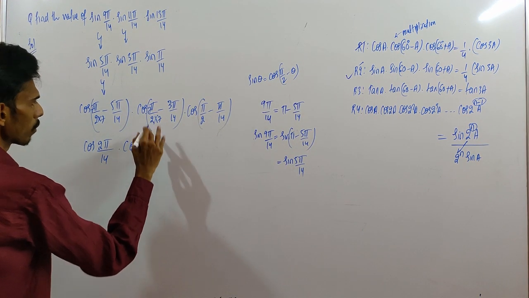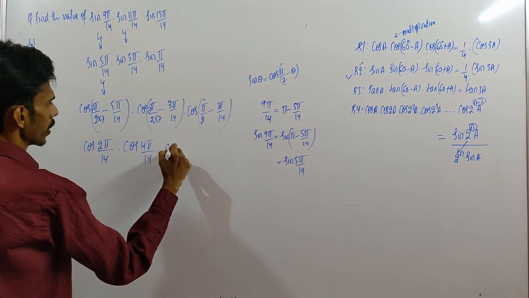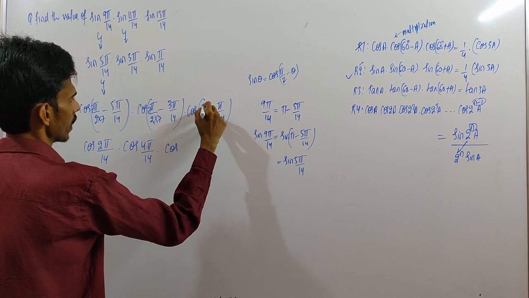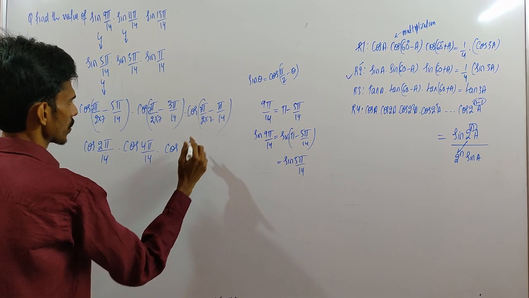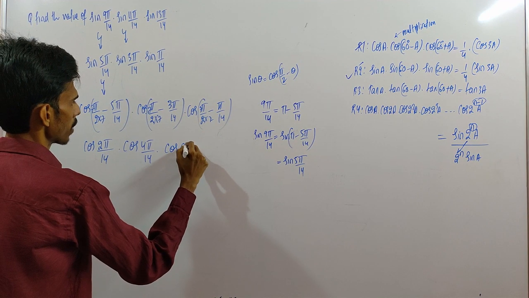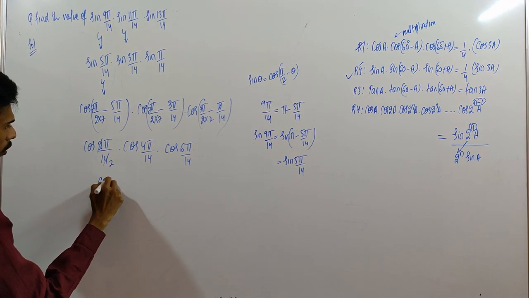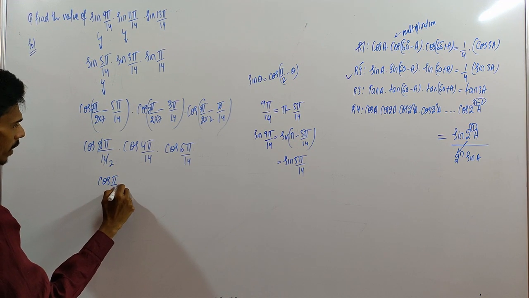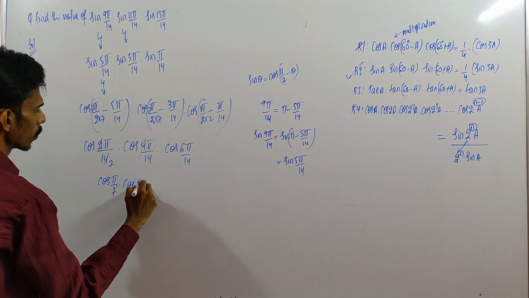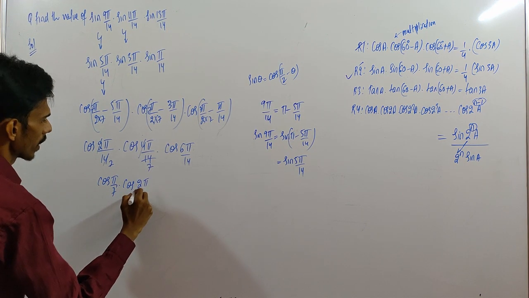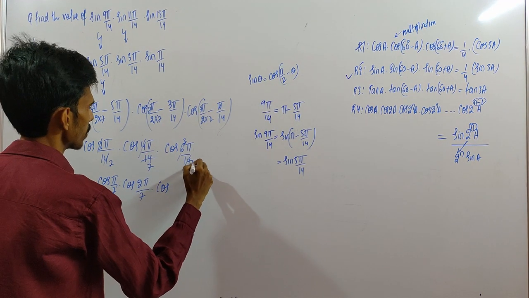So it will become cos of 7 minus 3, 4 pi by 14, into cos of 7 minus 1, 6 pi by 14. This will become cos pi by 7 into cos, cancel this, we have 2 pi by 7 into cos 3 pi by 7.